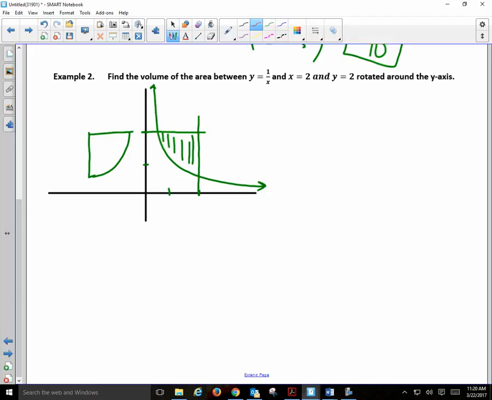Now, if you were going to find the area, would you draw vertical rectangles or horizontal rectangles? You could technically do either, but because I'm rotating it around the y-axis, we will draw horizontal.